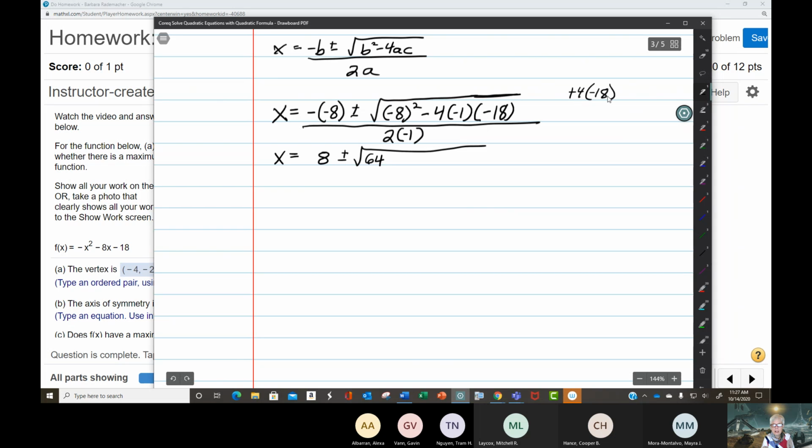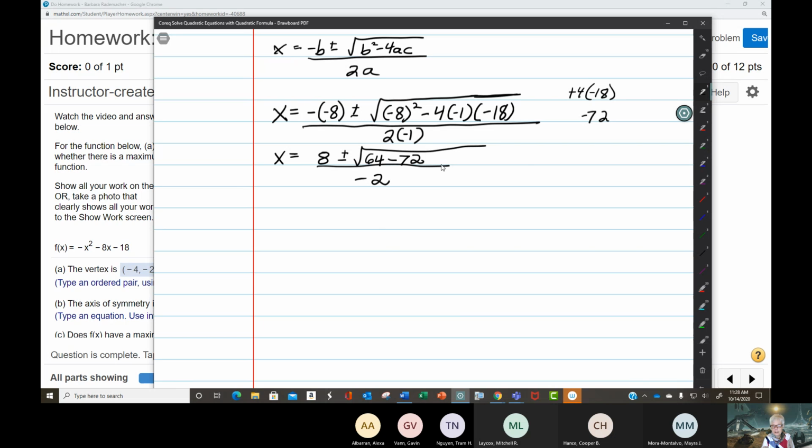And positive 4 times negative 18 is going to be negative 72. Over negative 2.